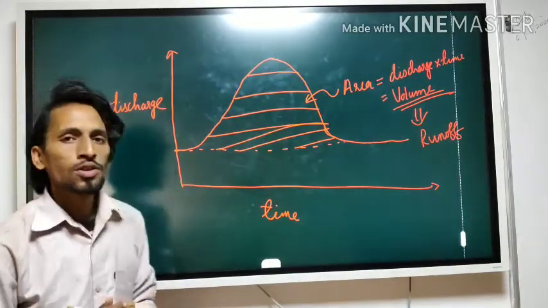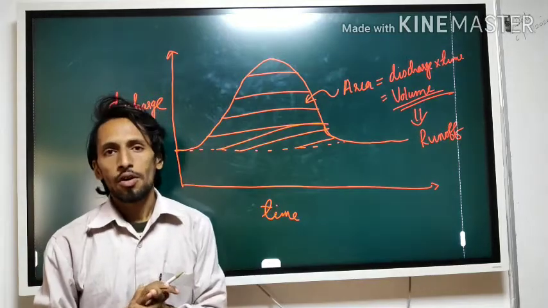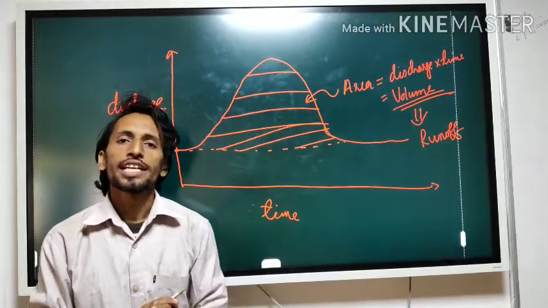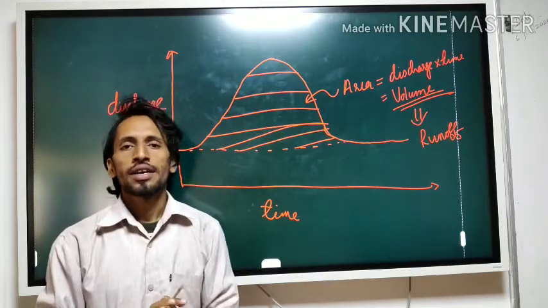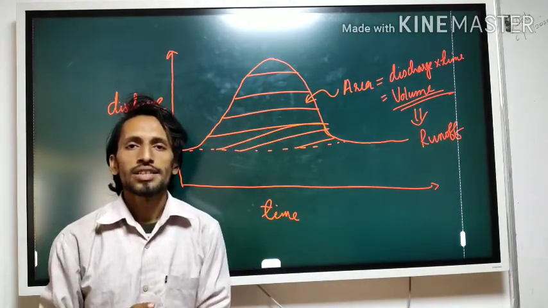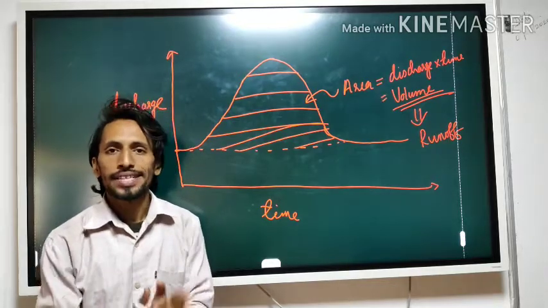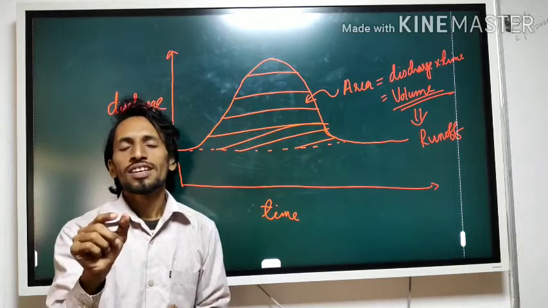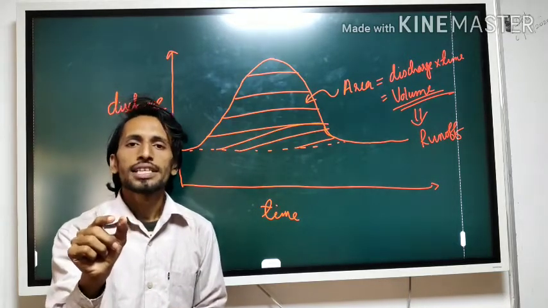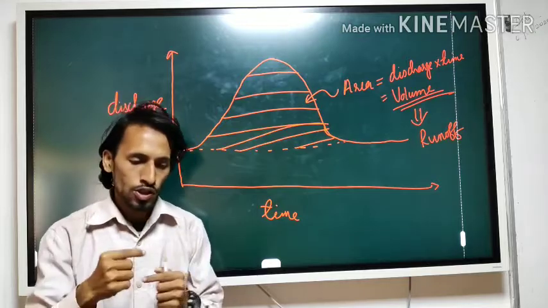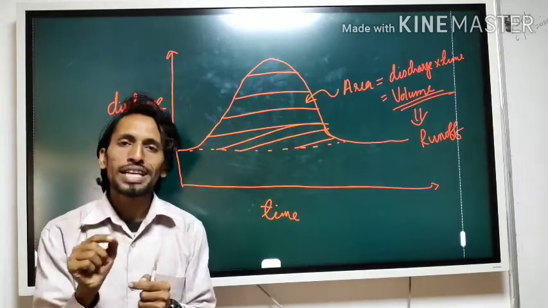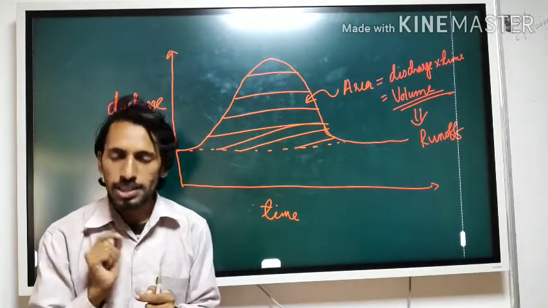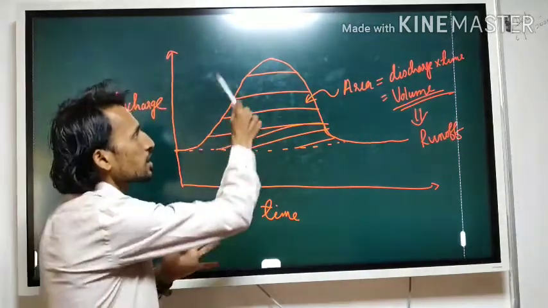What you have to do is go to a river or some stream, select your gauge station, set up your devices, and wait till rainfall happens. When rainfall happens, you simply have to calculate the discharges. You just have to keep noting down your discharge values, and you can draw this graph.